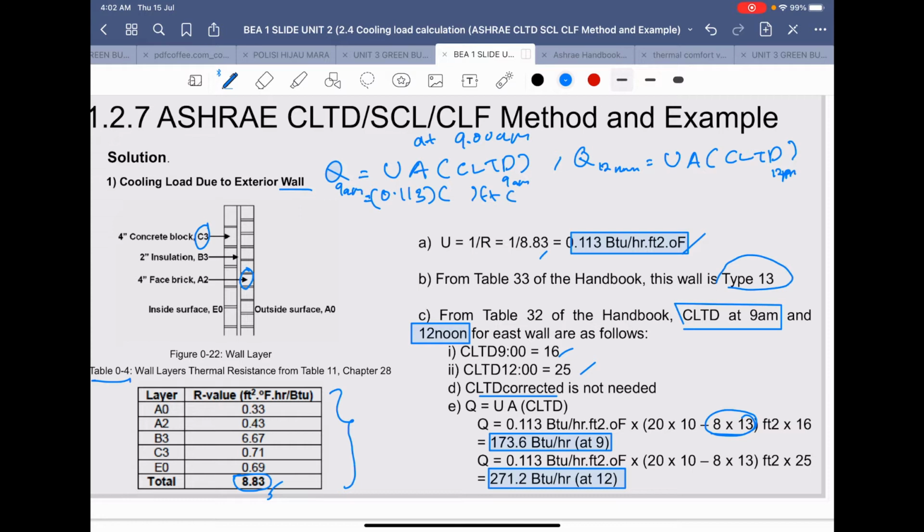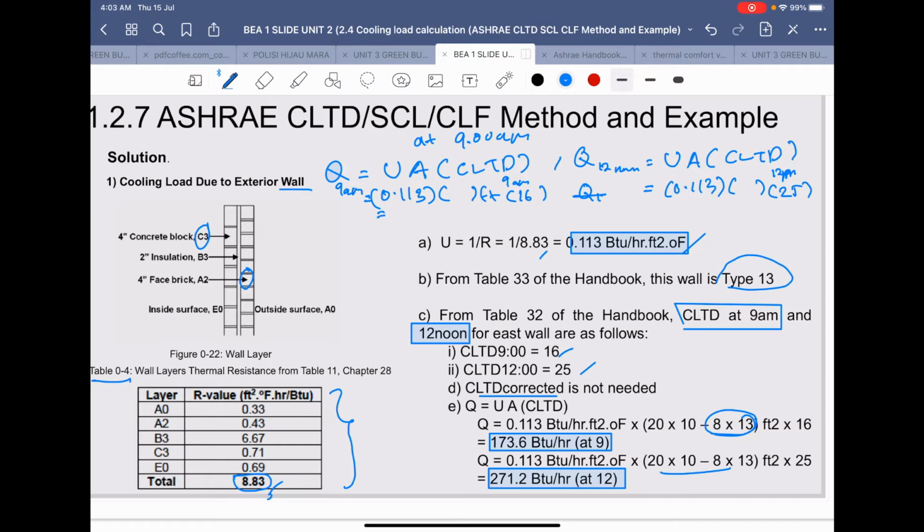Then we multiply by the CLTD at 9 AM, which is 16. Then for the other case, the U value is still 0.113, and the area is the same surface, but this time we use a CLTD of 25, because it is the cooling load temperature difference at 12 noon.